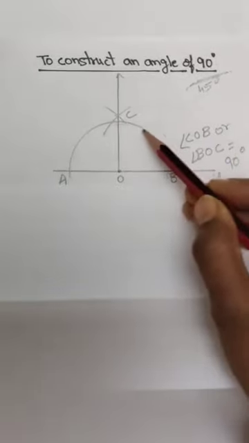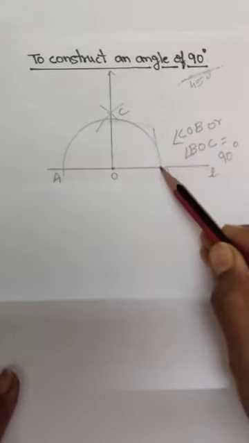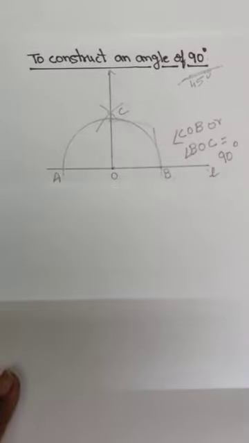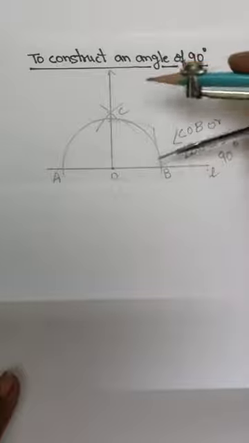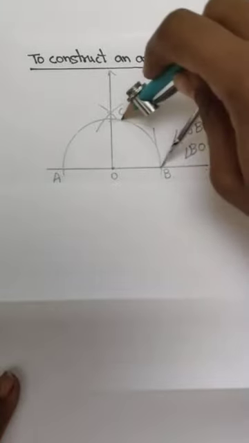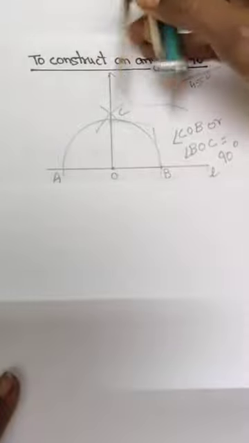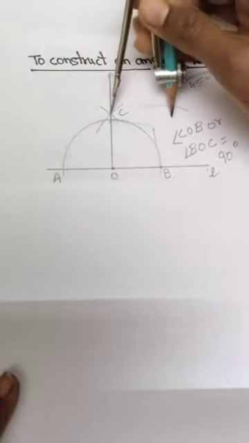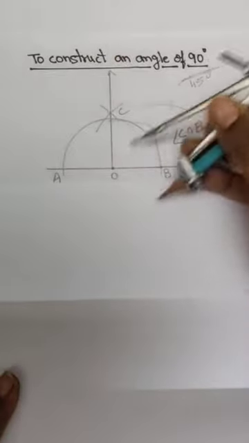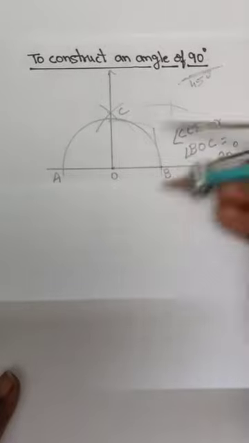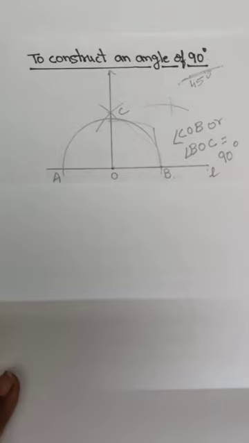So this is your 90 degree angle. How do we make its angle bisector? We open our compass more than half of BC, draw one arc from B and one arc from C. Join OC. It will become the angle bisector of 90 degree. So it will make 45 degree.